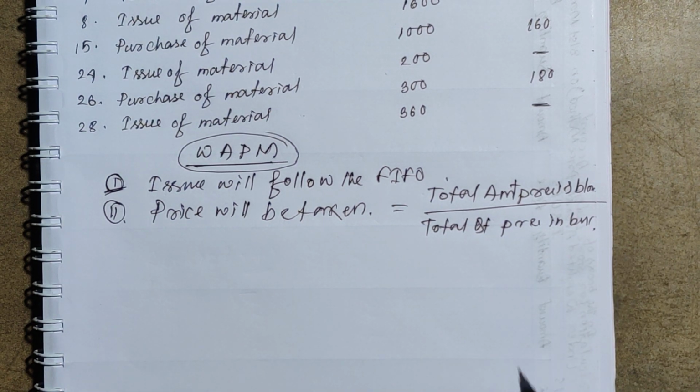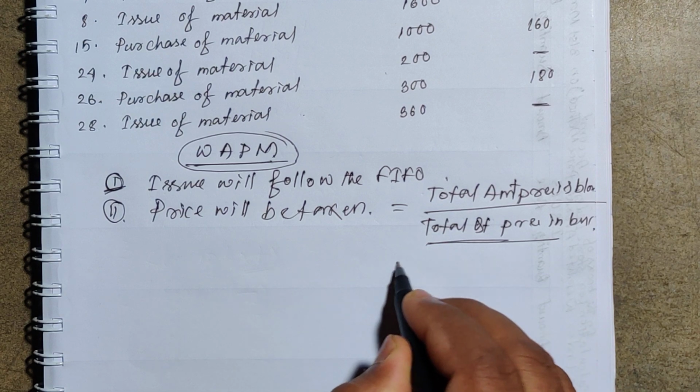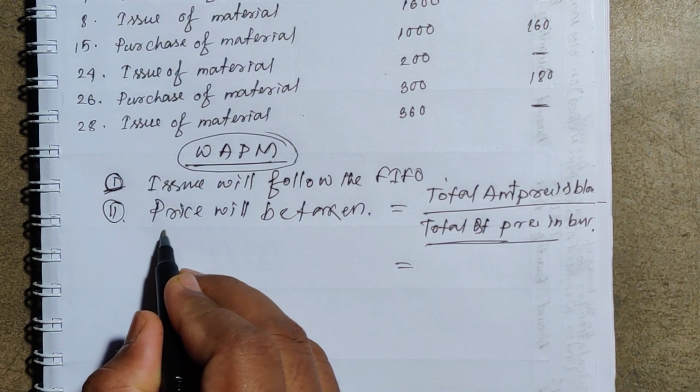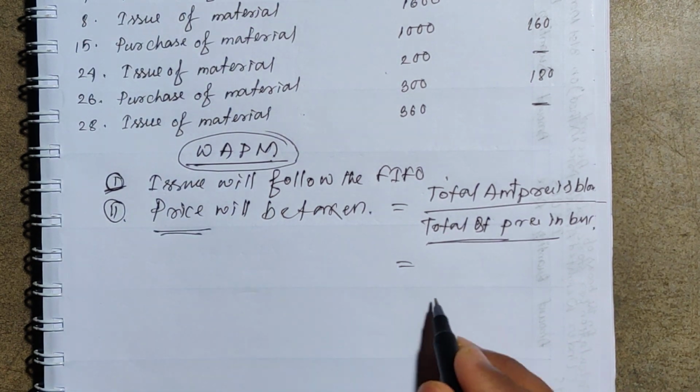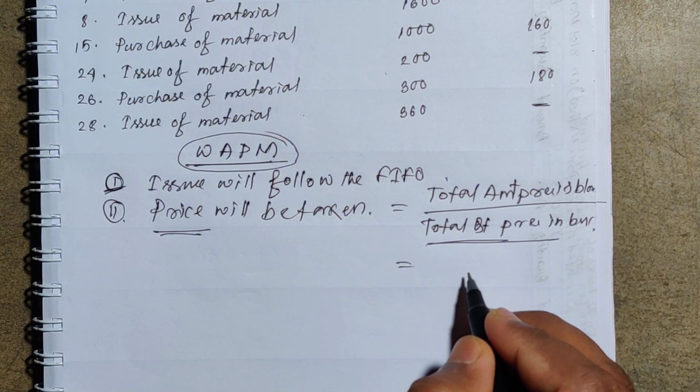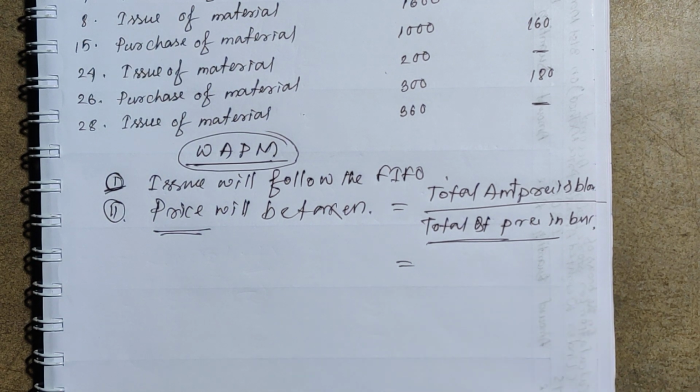That means this value will be the per unit value of the present balance or present stock. So the issuing price will be the per unit balance of present stock.